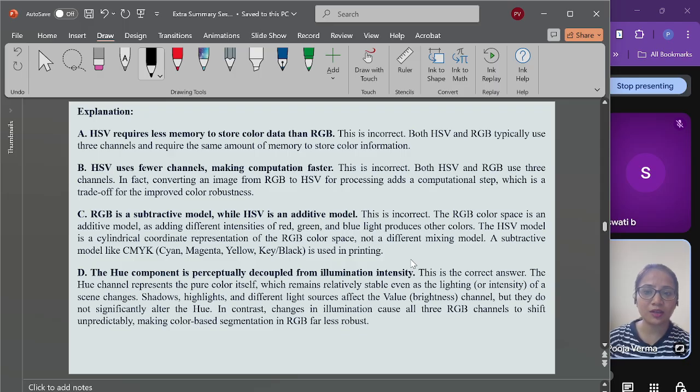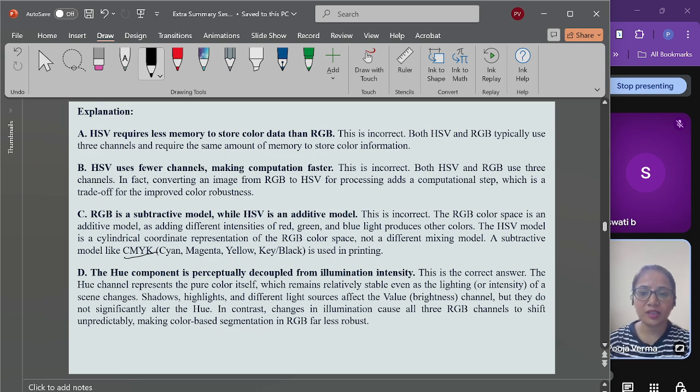A subtractive model is CMYK, that is cyan, magenta, yellow, and black, which is used in printing. So RGB is an additive model and this is a subtractive model, CMYK.